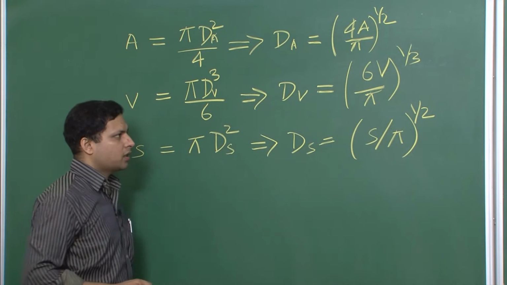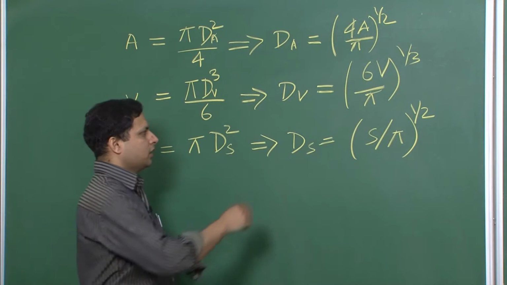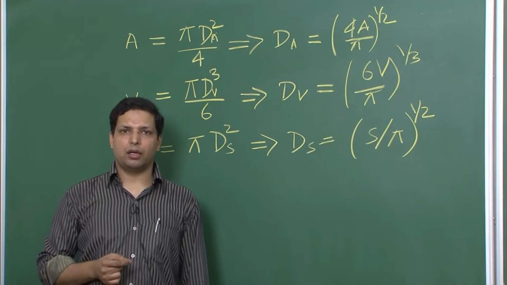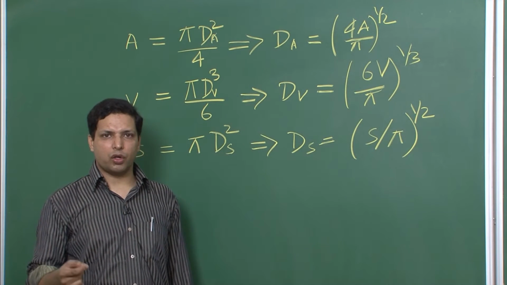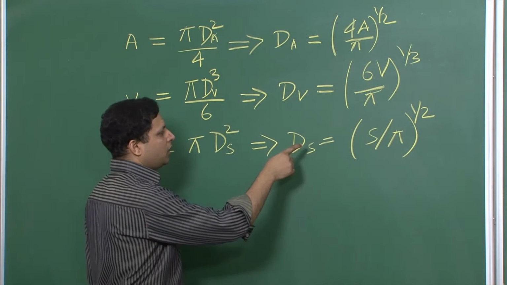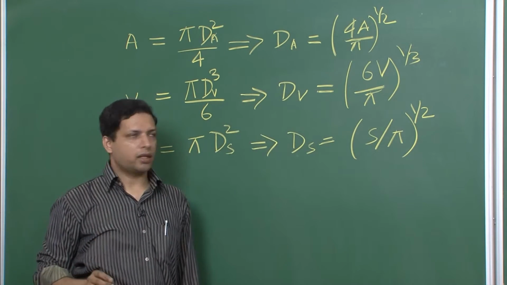Now, you can see that even though your particles may have similar d value, it need not always represent the same particle size or shape or even volume, because it depends on how you are calculating. So, for example, let us say you have calculated ds and dA for two different sets of particles.